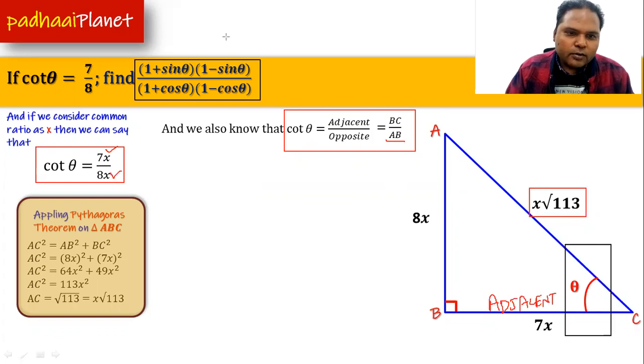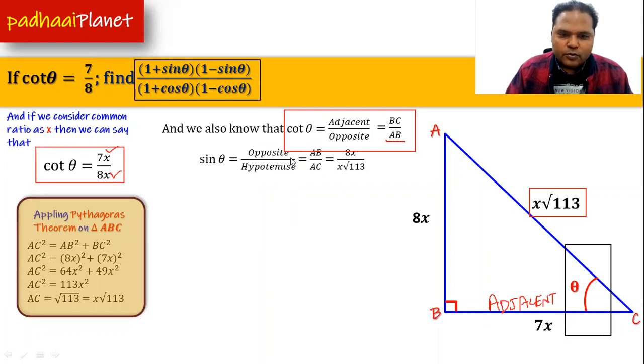Now let us focus upon calculating the value of this sine theta. We know that sine theta is equal to opposite upon hypotenuse, which is AB over AC. Let me just take this off because this is probably disturbing us.